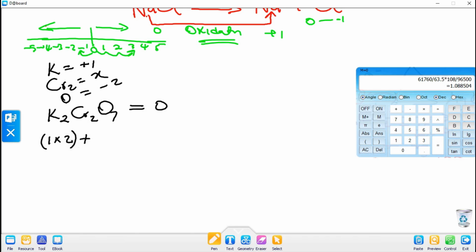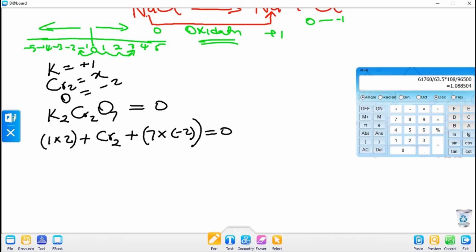Plus, the oxidation number of chromium is what we don't know. We are trying to look for it, so we're still going to leave it as Cr2. Then, plus, the oxidation number of oxygen is -2, but there are 7 oxygens there, so it's going to be 7 times -2.